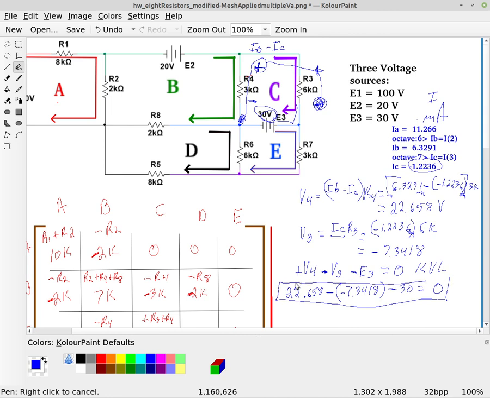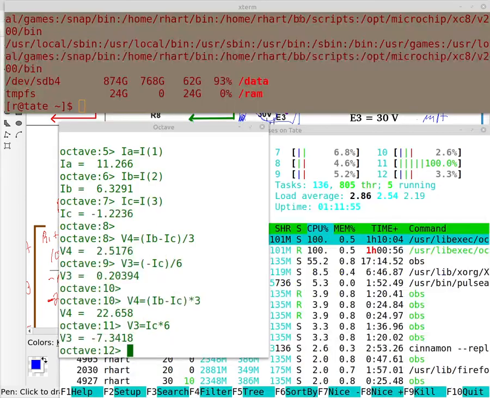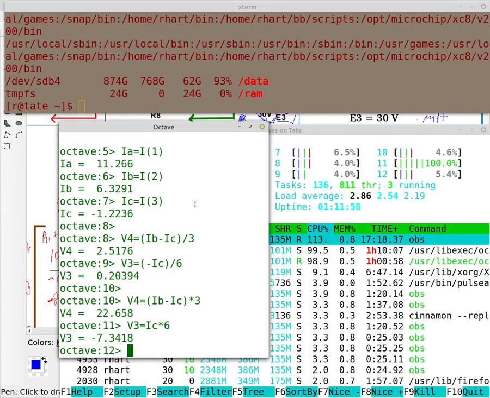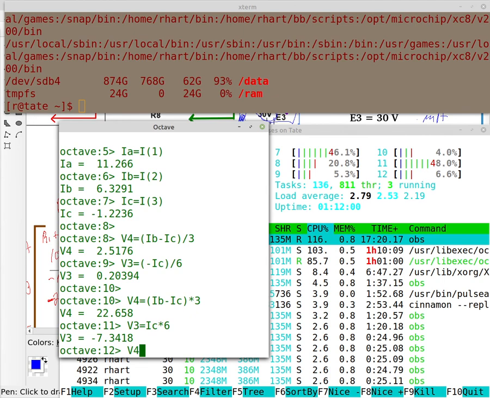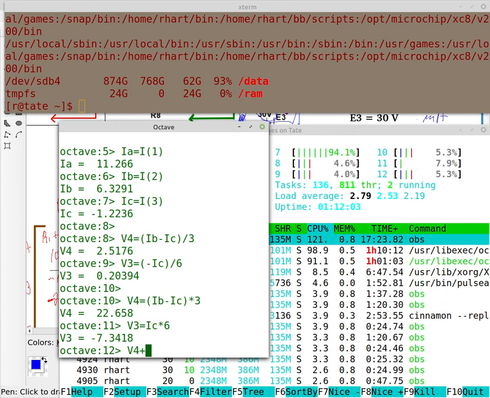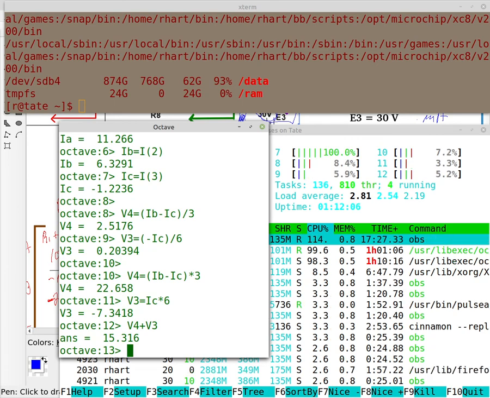Just roughly looking at this, we got 22.658 minus a minus, so that's a plus 6.58 and minus 7.34, right? We add those two together, that's of course going to be 30 volts. So let's just do it. If we use the Octave software, we can do it in high precision.